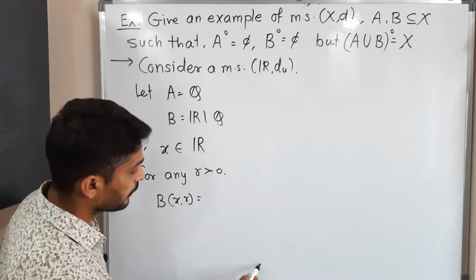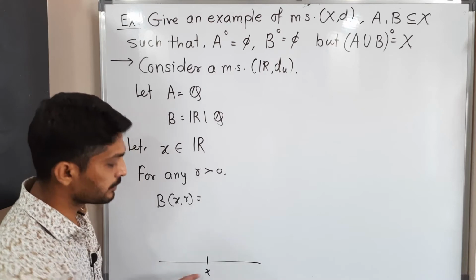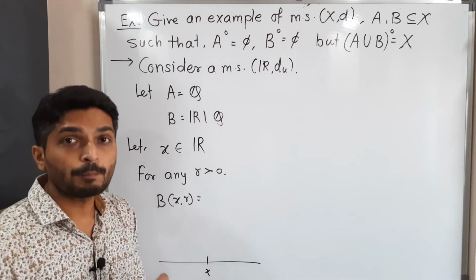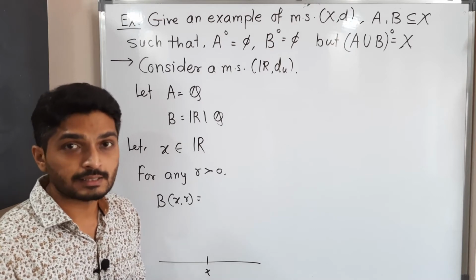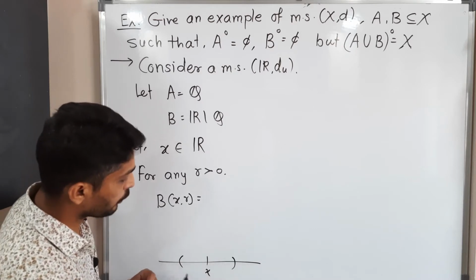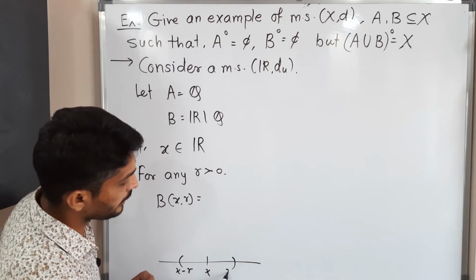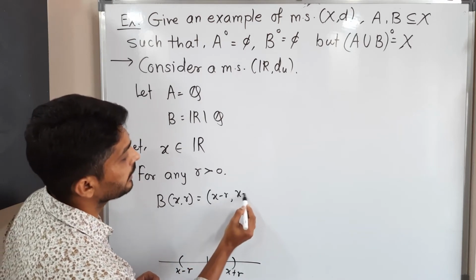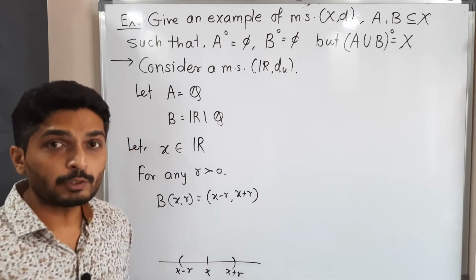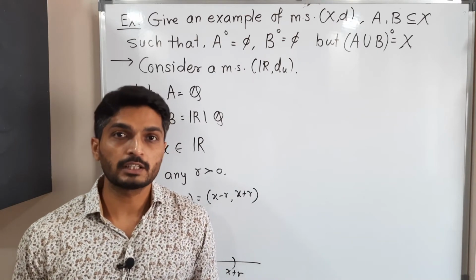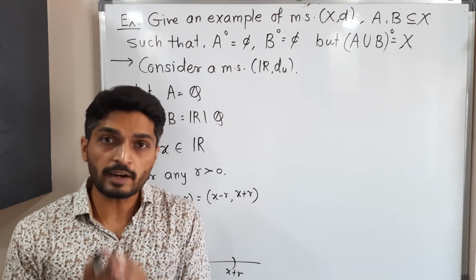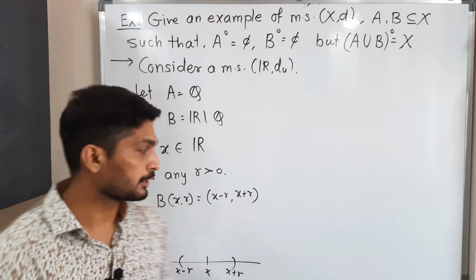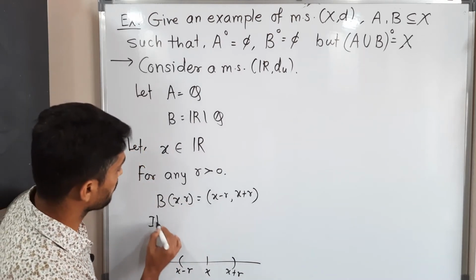So you know that on the real line, if you select any point x and any radius r, then the open ball with center x radius r is nothing but the open interval x minus r to x plus r. But we know that if you select any open interval in R, definitely it contains infinitely many rationals as well as irrational numbers.